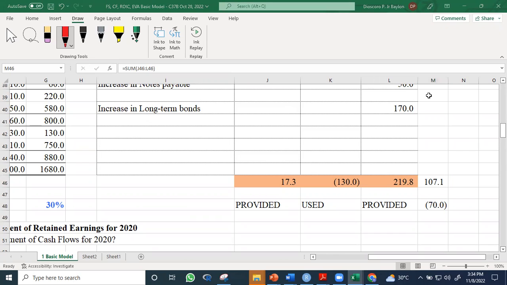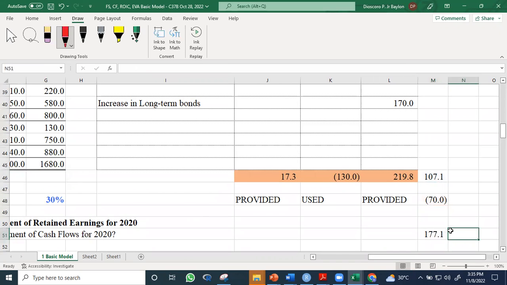Okay, let me see. Yeah, thank you, Sherwin. It's overstated, no? Overstated kasi dapat negative 70 lang yan. Pero we're having 107.1. So sobra-sobra tayo ng 177.1. Because if I subtract this minus what it should be, I'm getting 177.1. Overstated tayo. So ibig sabihin, meron pa dapat tayong ibabawas sa mga cash flow natin, no?